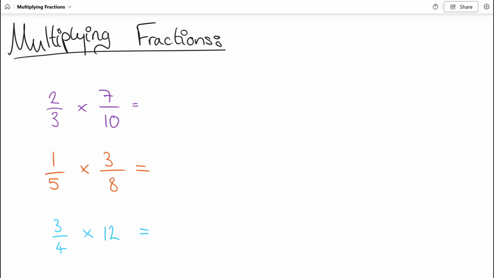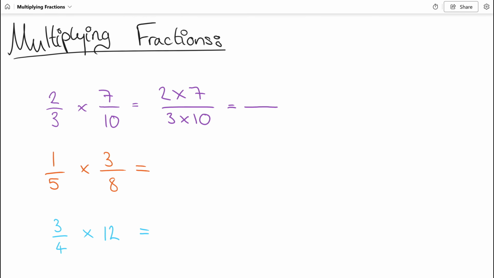All right, so for the first question, we've got 2/3 times 7/10. So we're going to times the top numbers together, which gives us 2 times 7. And then we're going to times the bottom numbers together, which is 3 times 10. Okay, so now we're going to do the calculations on the top and then the bottom, and then that will give us the fraction.